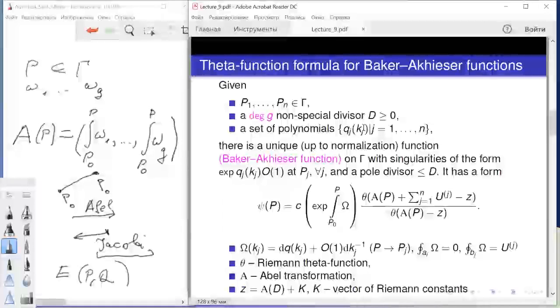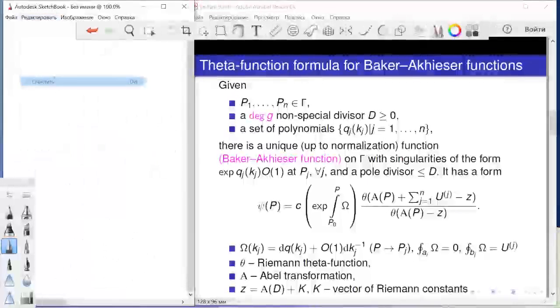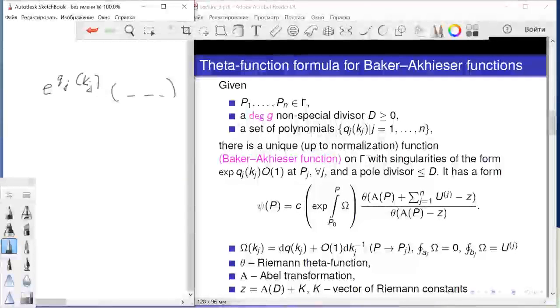I mean, exponents are as follows: E to the power qj of kj, where kj is the inverse to the local parameter.